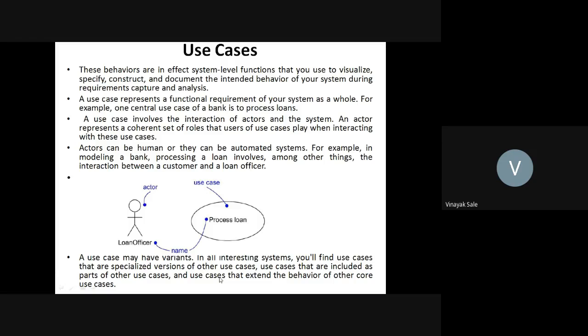A use case may have variants. In all interesting systems, you will find use cases that are specialized versions of other use cases, use cases that are included as a part of other use cases, and use cases that extend the behavior of other core use cases.